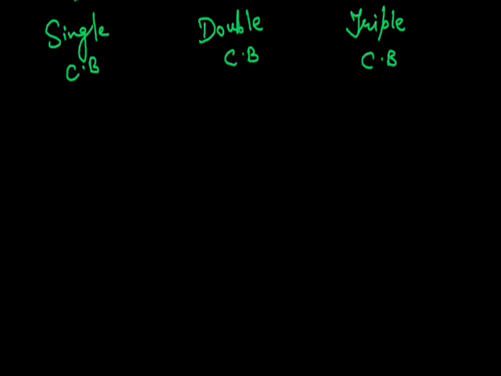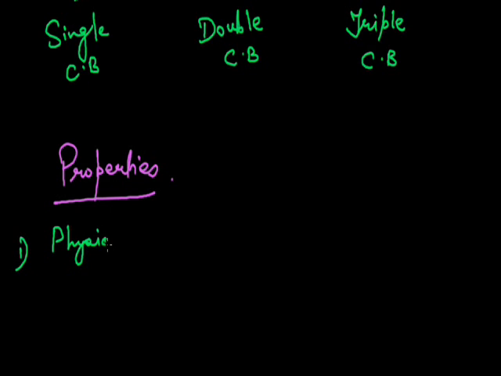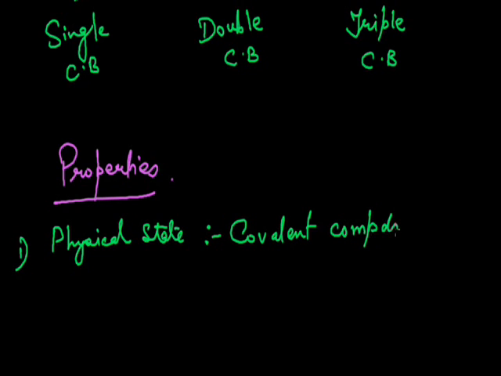Next is the properties of covalent bonds. First is physical state. The covalent compounds generally exist as individual molecules.